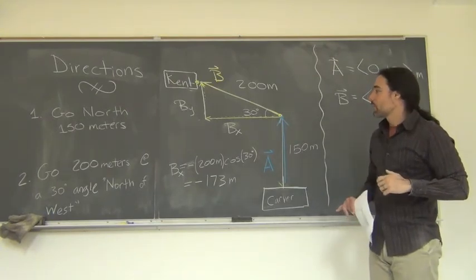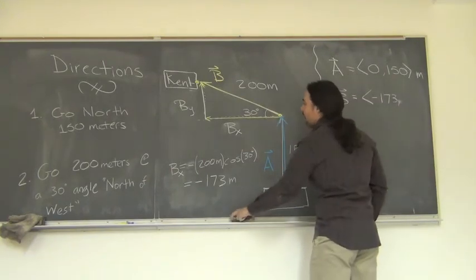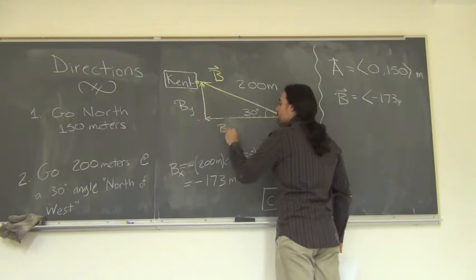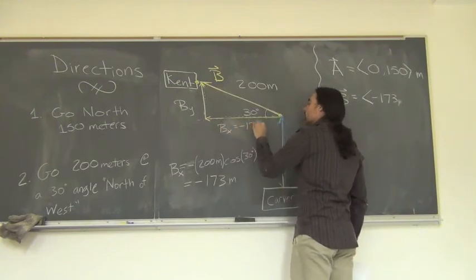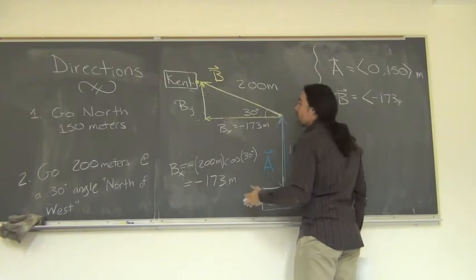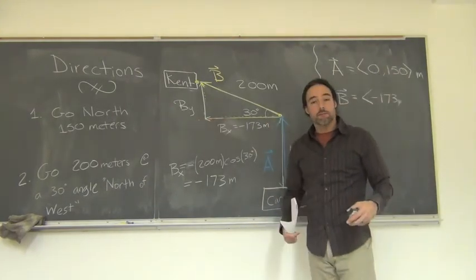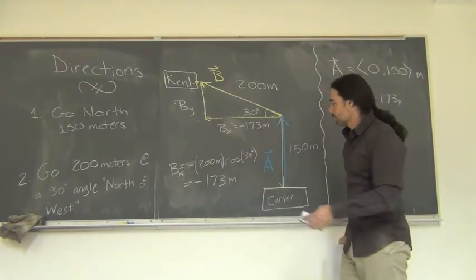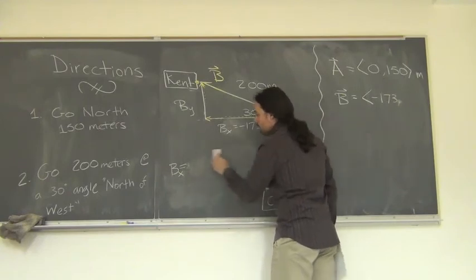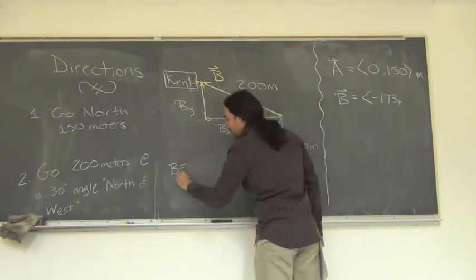Well, what about the y component? Let me put my x component in first. The x is negative 173 meters. What about By? Well, the y component, as we said before, that's the opposite side of this angle. So if I want to find how big that opposite side is, now we're looking for By.